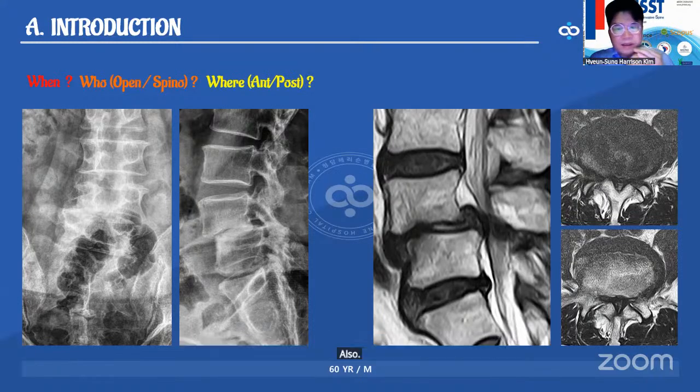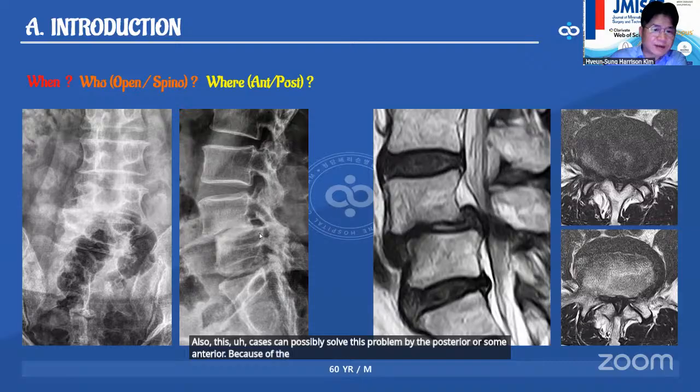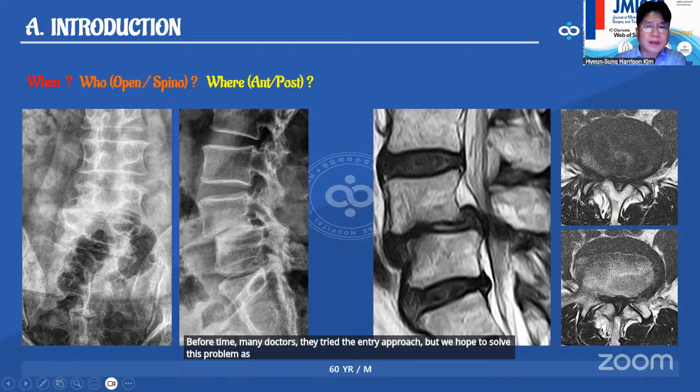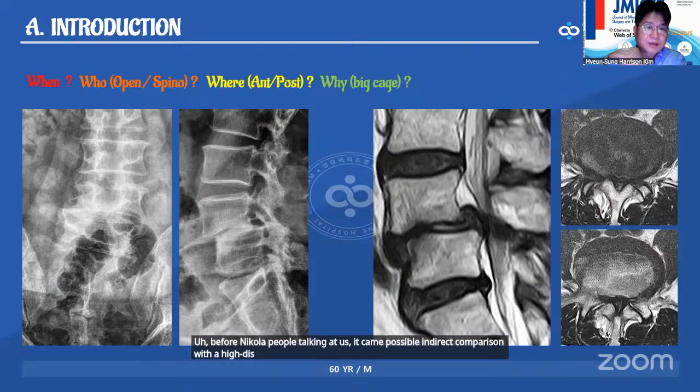These cases can possibly be solved by a posterior or an anterior approach. For very serious cases like this, before, many doctors tried the anterior approach, but we hope to solve this problem as minimally as possible, and ask how big a cage can be inserted. Previously, Nikolai was talking that indirect decompression is possible with disc height restoration.